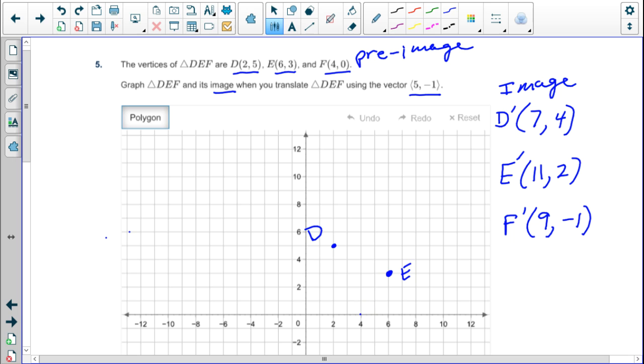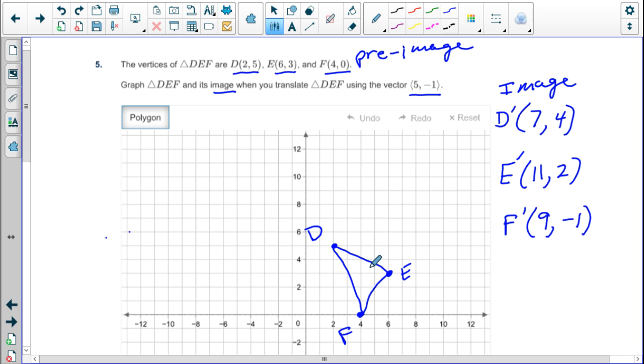And then 4, 0 is right here, and that is our F. Now, to get it to draw the line for you in Big Ideas, after you plot the F, you go back and you click D, the point D again, that first one, and it will then complete the graph for you.